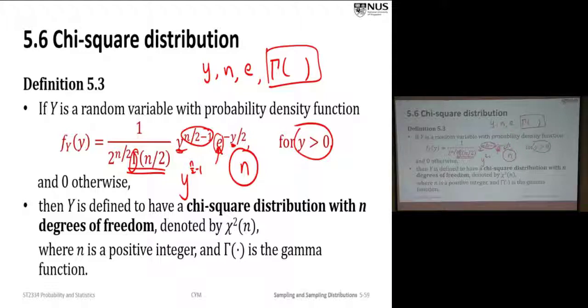Just like the normal distribution is characterized by two values, mu and sigma square, the chi-square is indexed by this n. We have a name for it called degrees of freedom, which is related to its application. So usually there's only one number to identify the chi-square distribution, called the degrees of freedom.